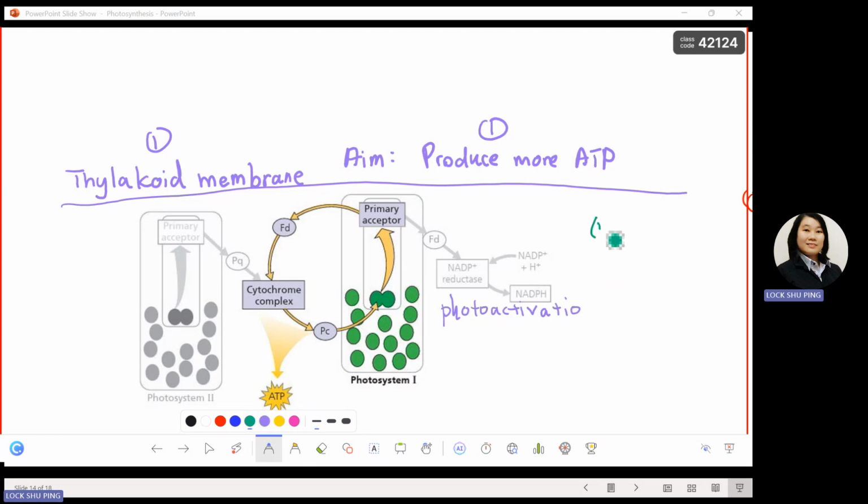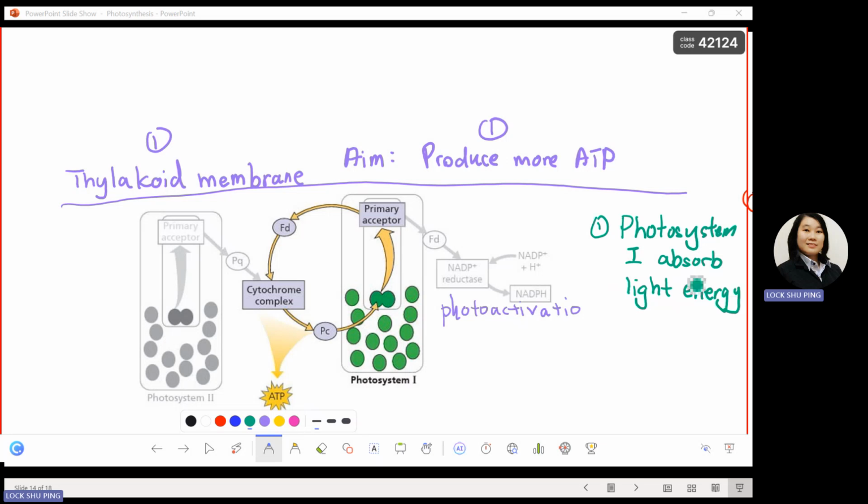Okay, so first of all, we need to mention what happens at photosystem 1. What will be the main purpose of photosystem 1? Photosystem 1 absorbs light energy. So this is the first step, photoactivation.